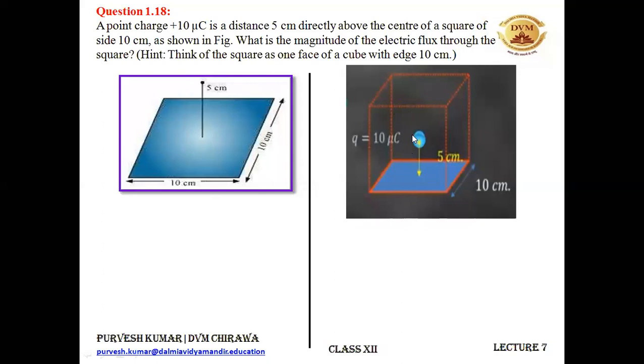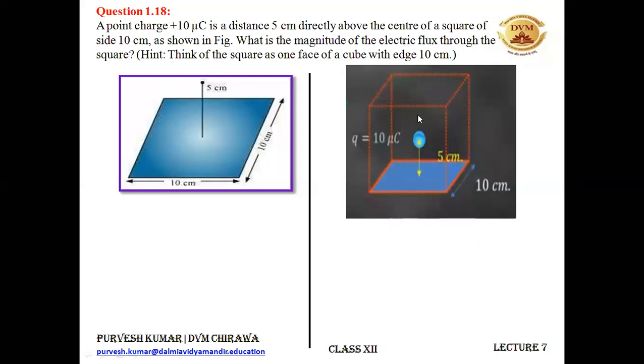Now the figure can be considered like this: this is our plane of interest through which we need to find the electric flux, and a charge Q is placed over here, and we have enclosed it with a Gaussian surface in the form of a cube. Since the cube has all faces of equal area, the flux through this surface has to be 1/6 of the total flux through the cube, because the cube has 6 surfaces and each has the same area, so the same flux passes through each.